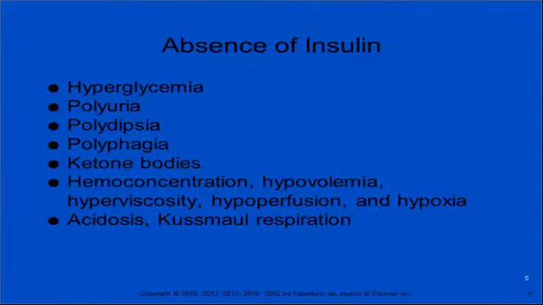With Kussmaul respirations, you will have an increased respiratory rate, and also a deeper respiratory rate because they're trying to blow off that carbon dioxide. These patients can also have what they call a rotting fruit odor. A lot of times you'll see this with DKA, or diabetic ketoacidosis. You'll smell a fruity breath.